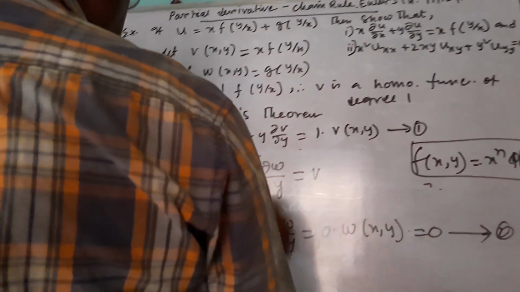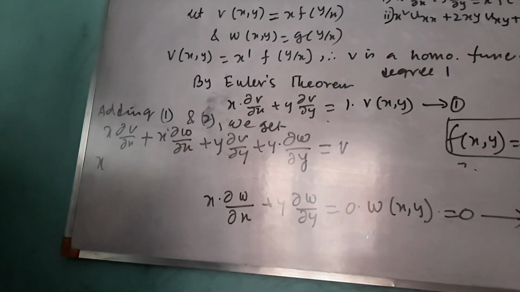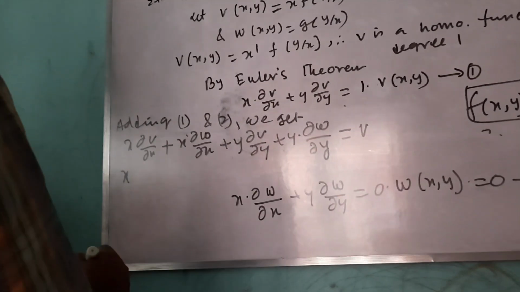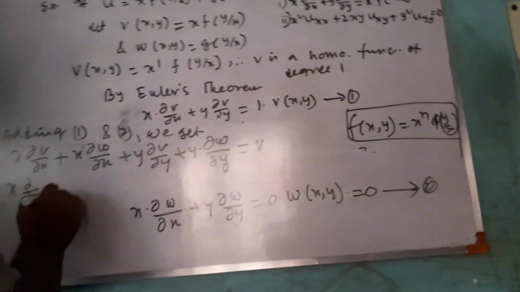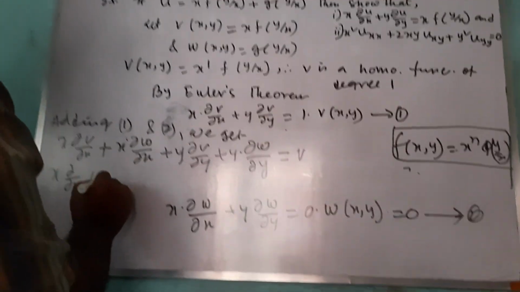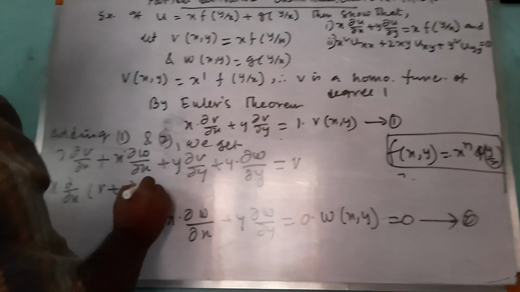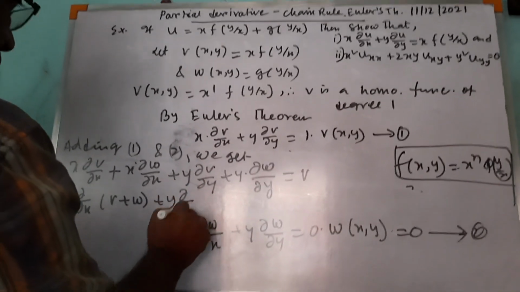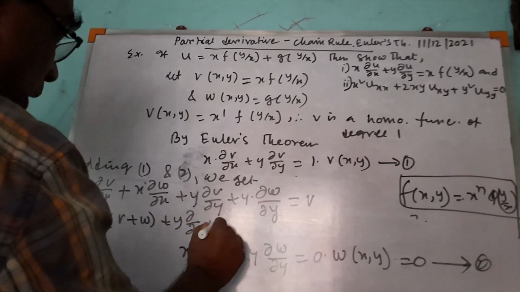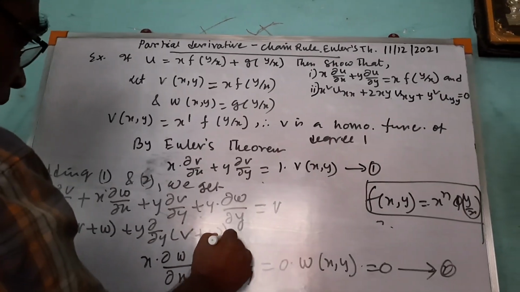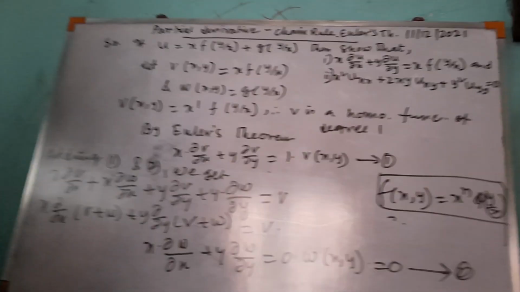Now this can be written as, I can take x common: x into del x of v plus w, plus y del y of v plus w, is equal to v.